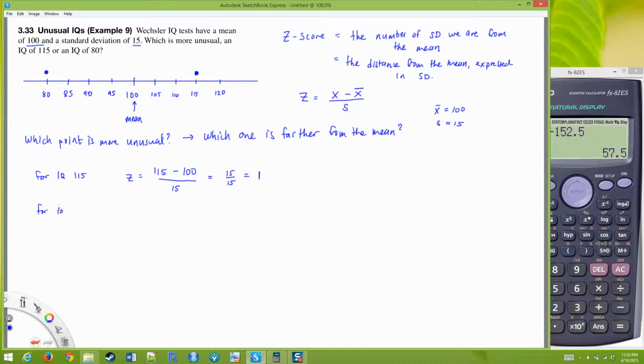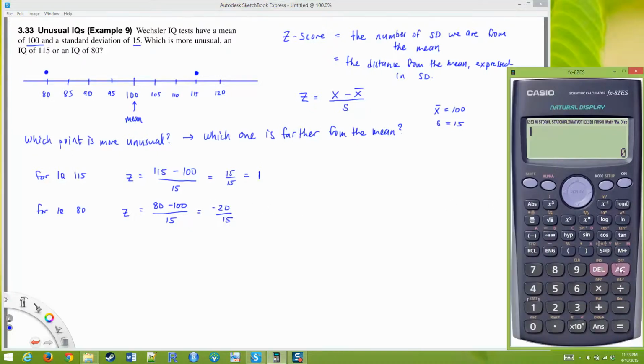For the IQ equal to 80, z is equal to 80 minus 100 over 15. I would get negative 20 divided by 15, and I would get negative 1.33.